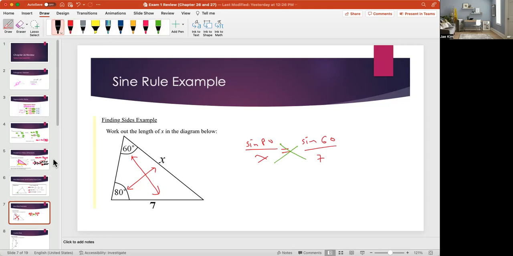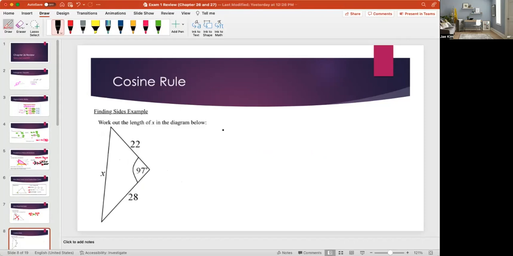Let's do another example of cosine rule. Cosine rule says if I have two known lengths and an angle between, we can figure out the length on the opposite side of this angle.